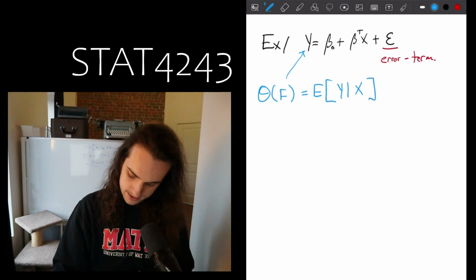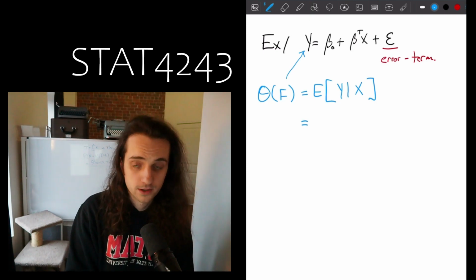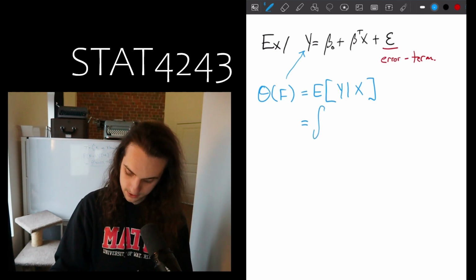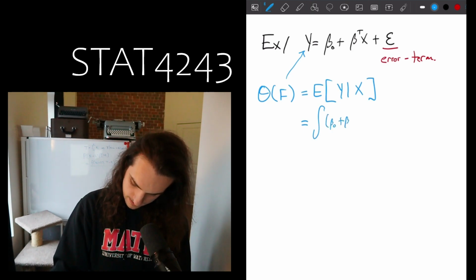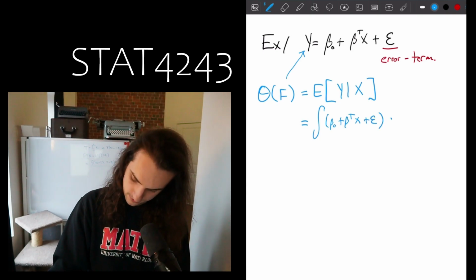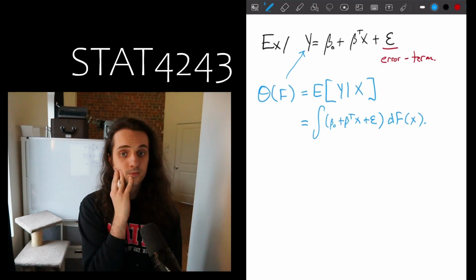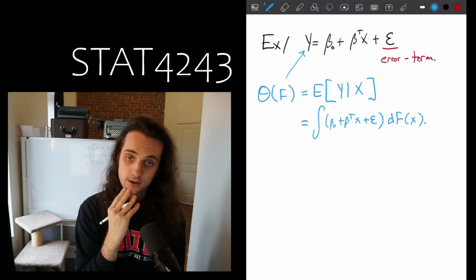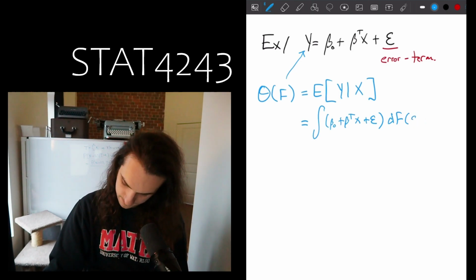And so you could write out this expectation in some sort of more explicit form. We could write this out as the integral of beta 0 plus beta transpose x plus epsilon, d f of x. Actually, that should be d f of epsilon more correctly.